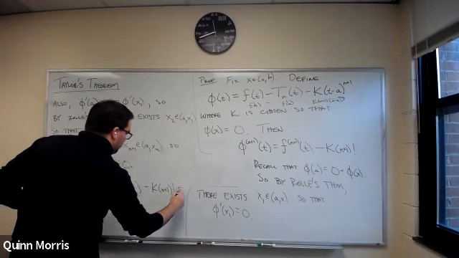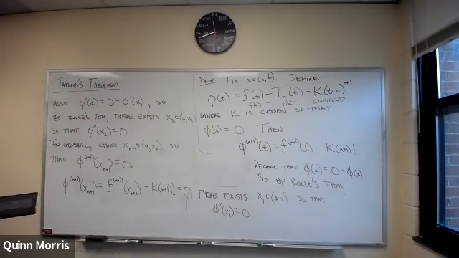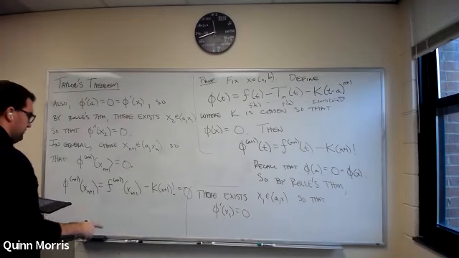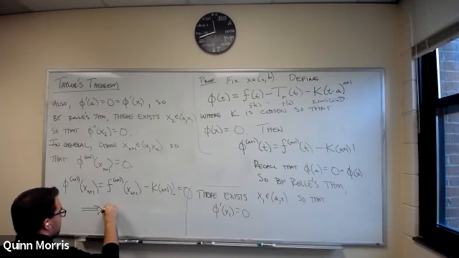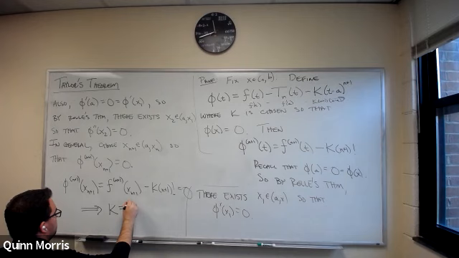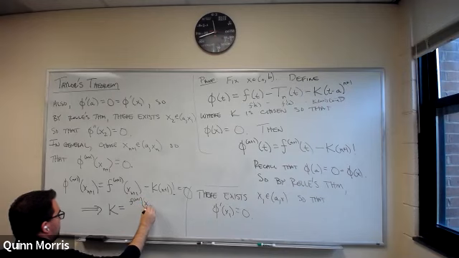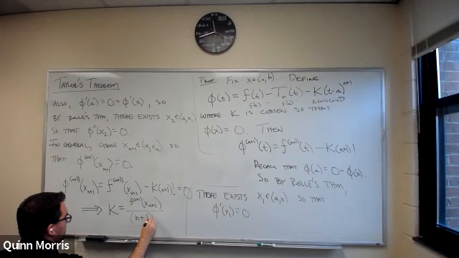But from this previous step, I also know that that's 0. So if I solve here, I can solve for the value of k. This implies that k is equal to the n plus first derivative of f evaluated at this point x sub n plus 1 over n plus 1 factorial, right?